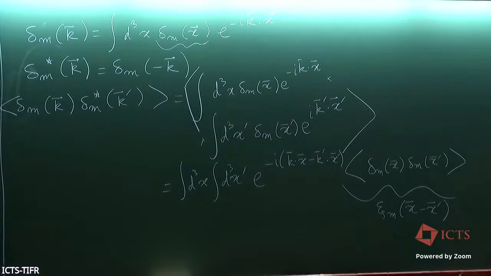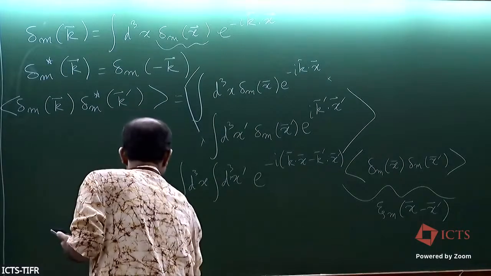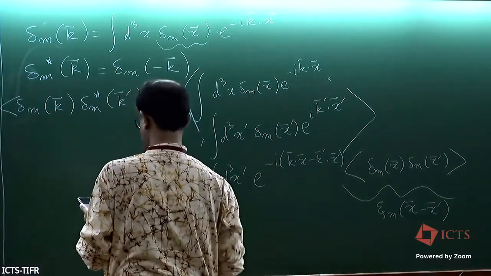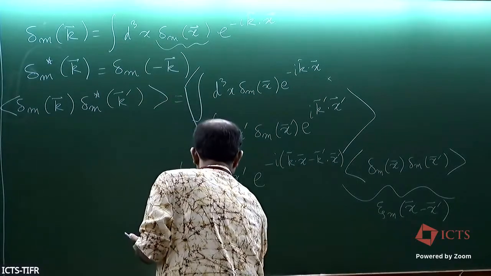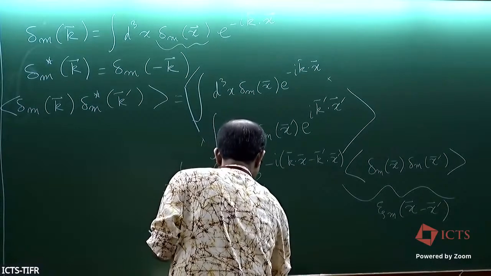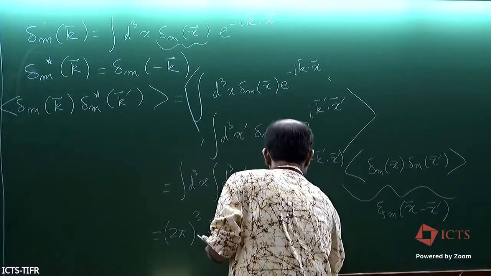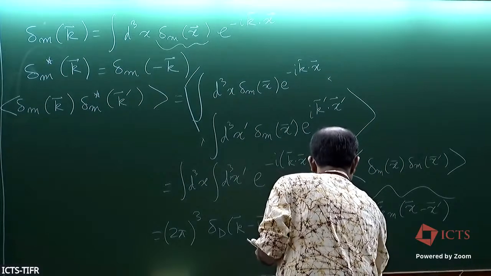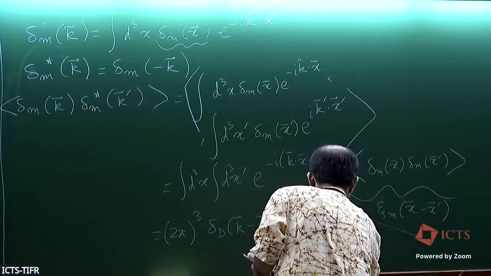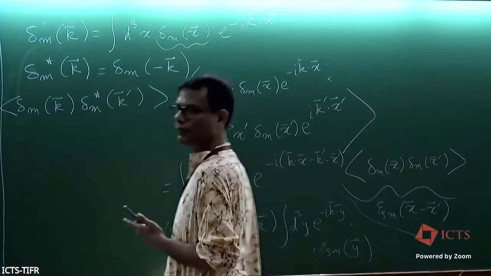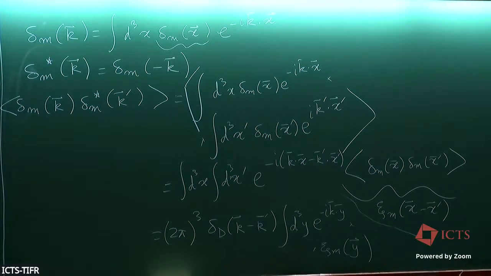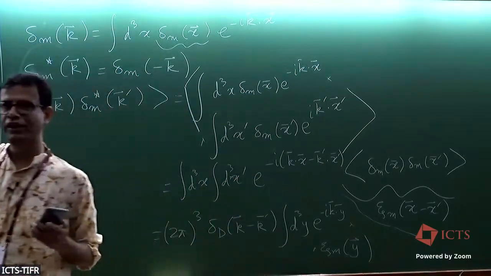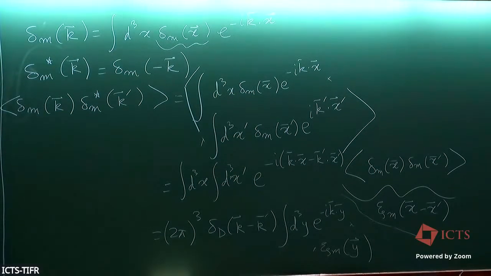What you will end up with is 2 pi cube delta function of k minus k prime times d cube y e to the minus i k dot y times psi m of y. The delta function will arise because you will end up with an integral which has only an exponential sitting in it. So it is like the Fourier transform of a constant function, and that is a delta function.